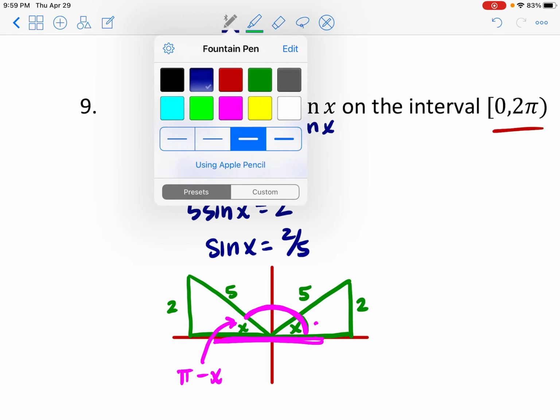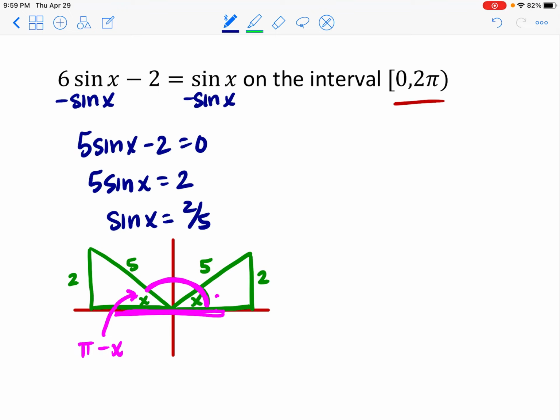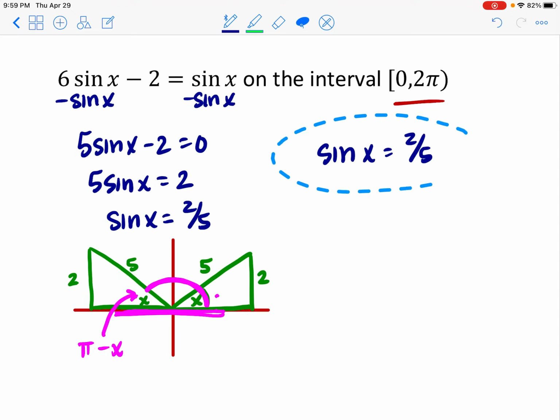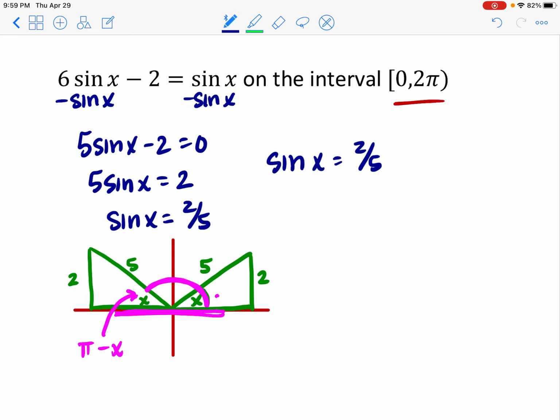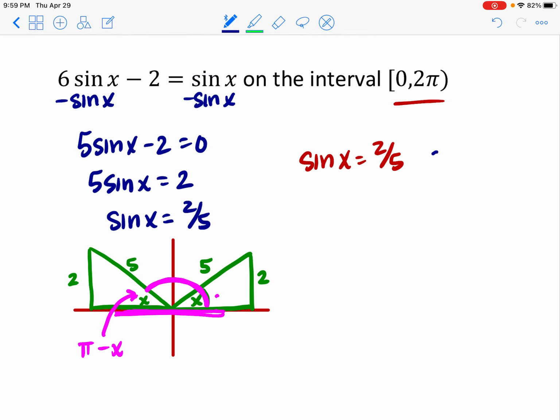So let me see if I can make this make sense. Hopefully the picture is making sense. What I'm saying is that the sine of x can equal 2/5, and the other angle is the sine of pi minus x.